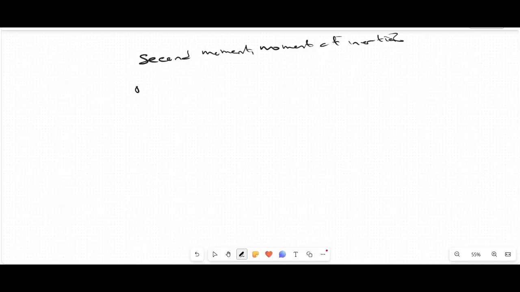Let's do one more recall. Go back to those little point masses I drew in 1D. Let me just do two of them now. This is M1. This is M2. And let's say this is 0 here. So this has an x2 coordinate, this has an x1 coordinate.